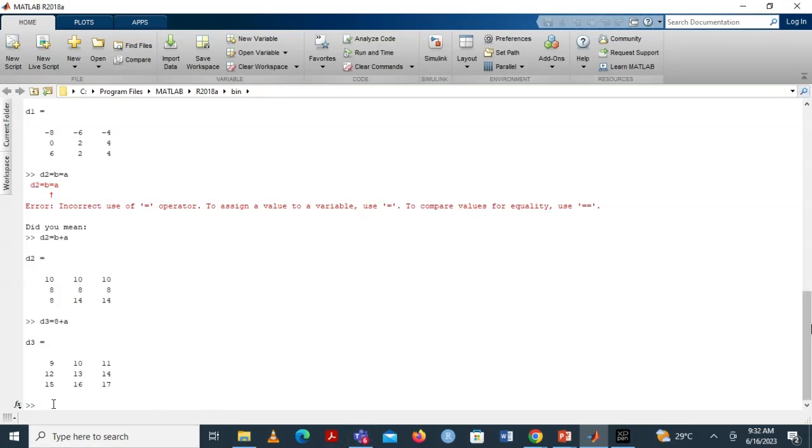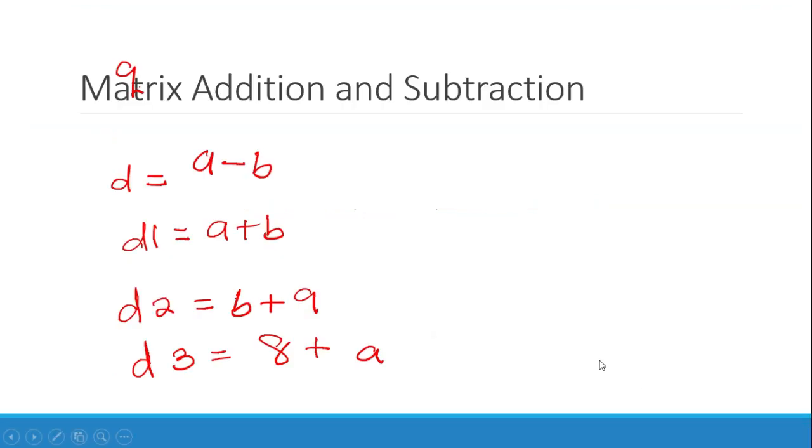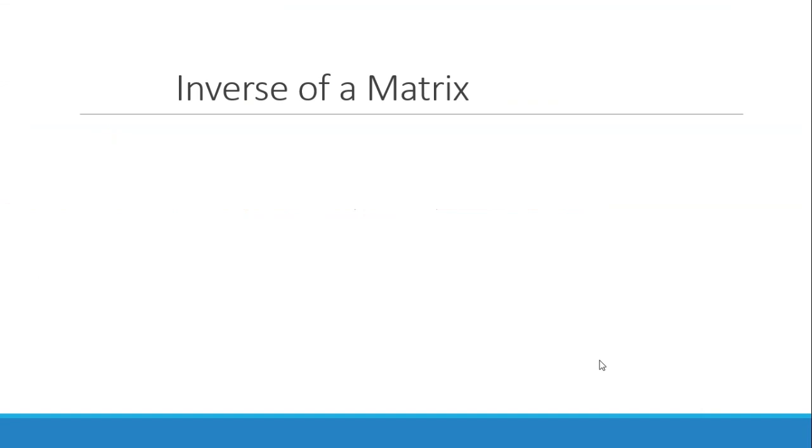Now let's try and find the inverse of a matrix. To find the inverse of a matrix, we use a command called INV. So INV, then the matrix in brackets.